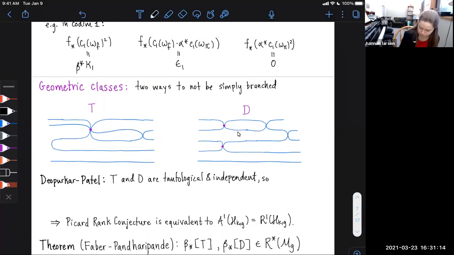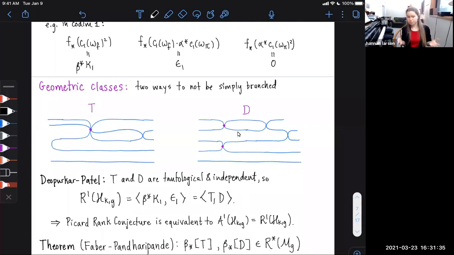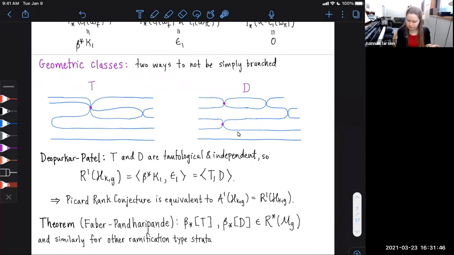So this means that for R^1 of H_{K,G}, I can take as a basis either the pullback of kappa 1 and epsilon 1, or T and D. So in particular, this means that the dimension of R^1 of H_{K,G} is 2. So the Picard rank conjecture becomes equivalent to the statement that all codimension 1 classes on the Hurwitz space are tautological.